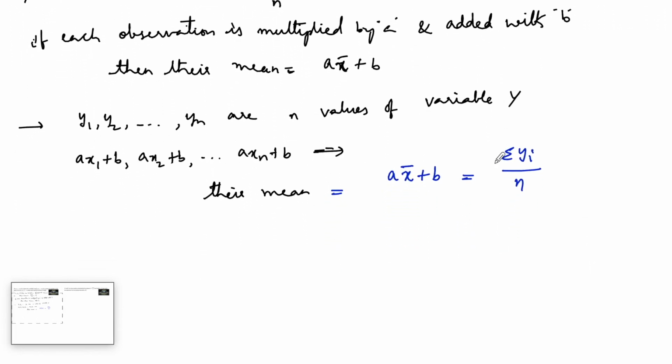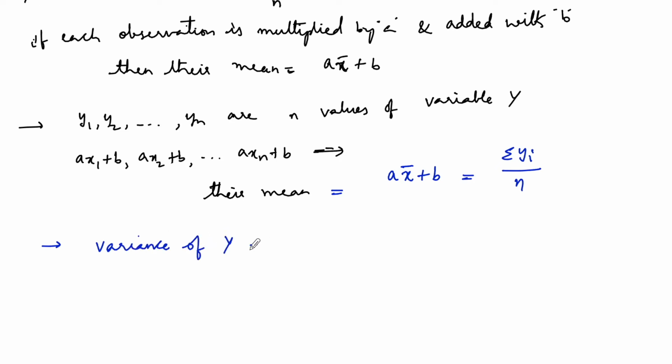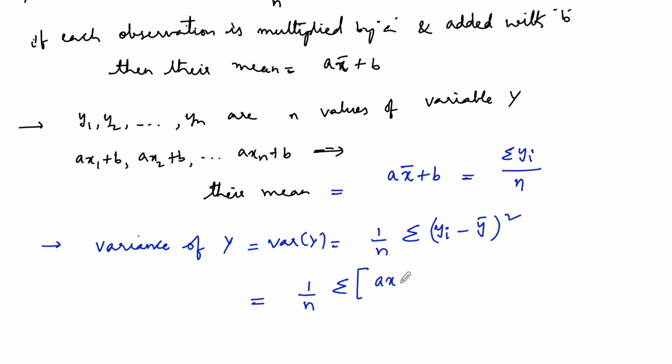then variance of the variable y is equal to 1 upon n summation of yi minus y bar whole square, that is 1 upon n times summation of yi, which is nothing but axi plus b, minus the mean of the variable y, which is a x bar plus b, the whole square.